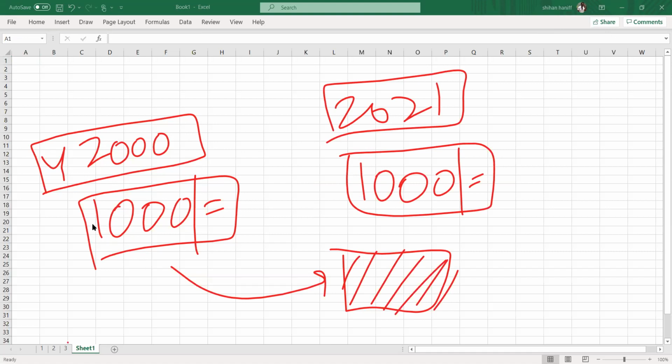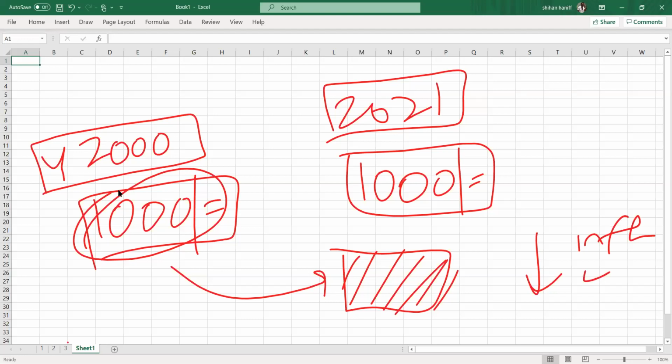Because the value of the rupee has decreased because of inflation, the exchange rate, and all other factors. The manufacturing cost, the material cost, the labor cost, everything is increasing. So the value of money is decreasing.